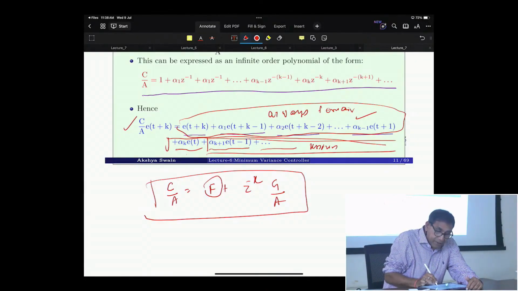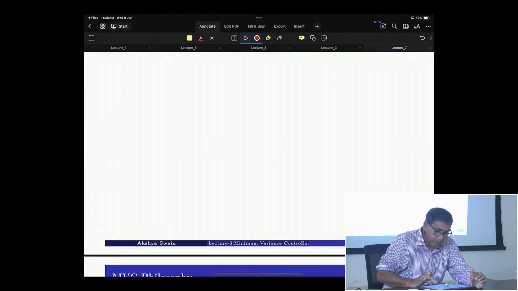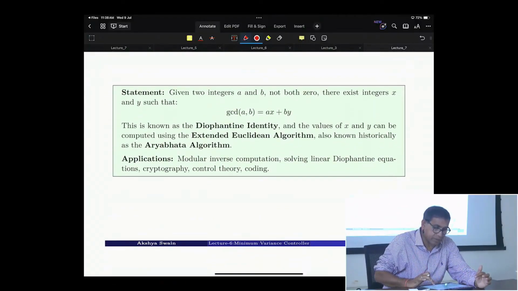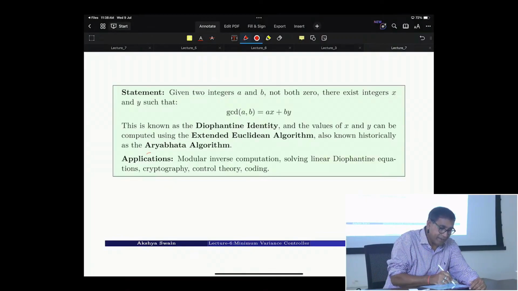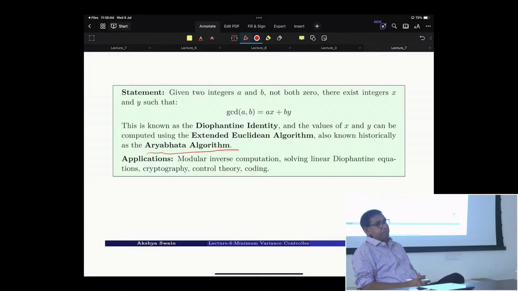This identity has been derived from the Aryabhatta algorithm. Indian mathematician, 450 BC.